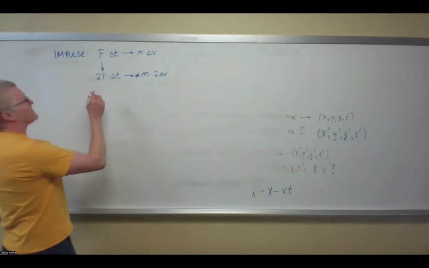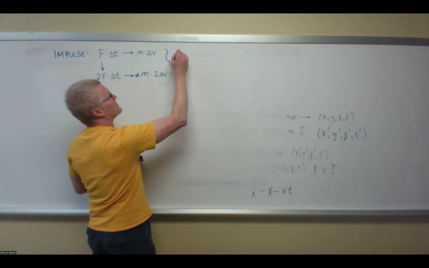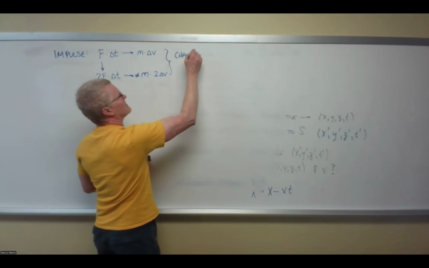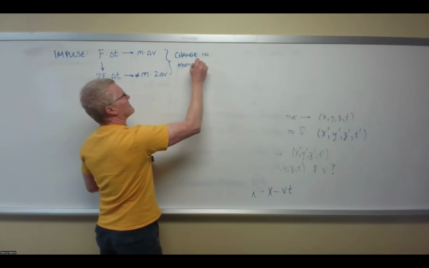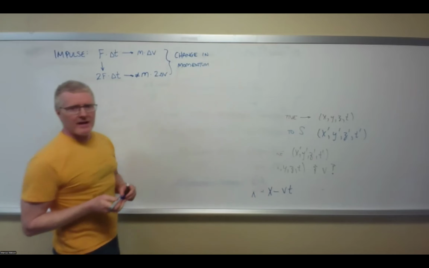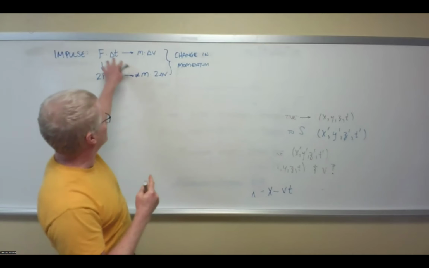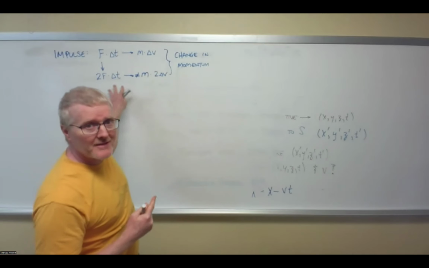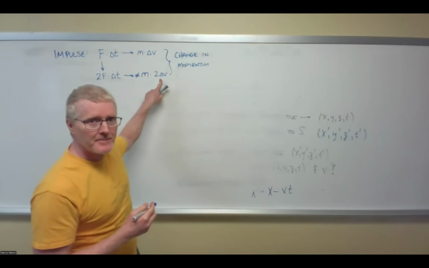Also, this m delta v here would be the change in momentum. And classical mechanics tells us that the impulse equals the change in momentum, which it does in this case, but it doesn't give us twice the delta v.